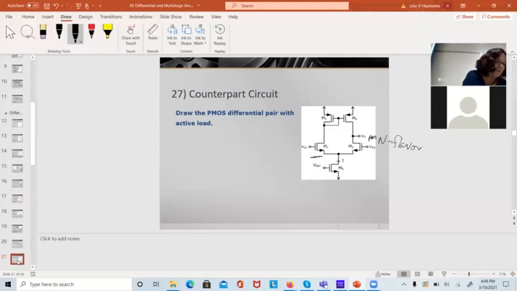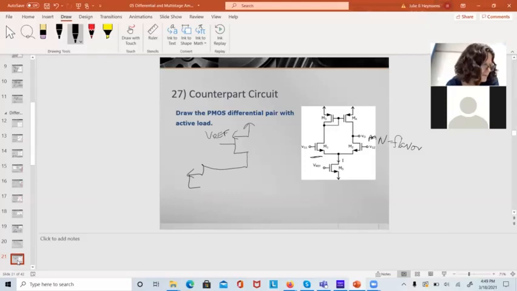Okay, so the PMOS version of that is I would have to put a PMOS current source up at the top that would go to VREF. Thank goodness I'm just copying a picture here, because I could never think through this.